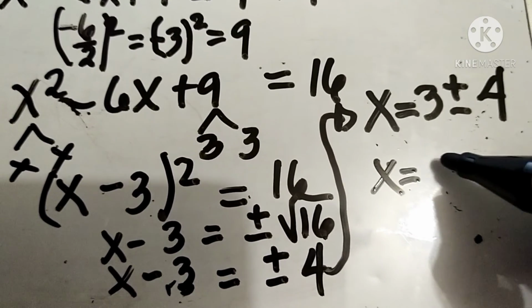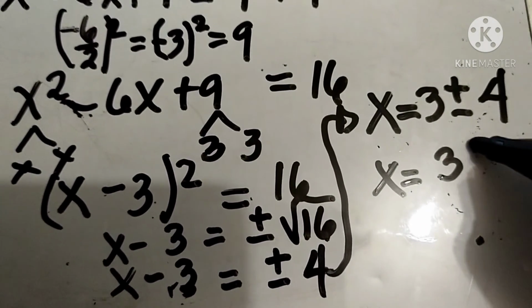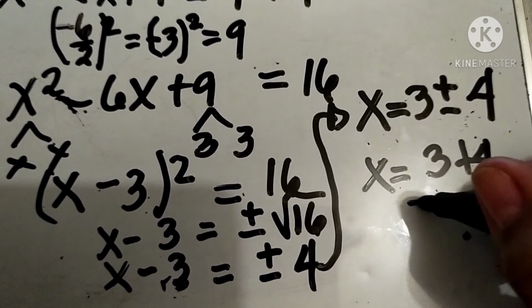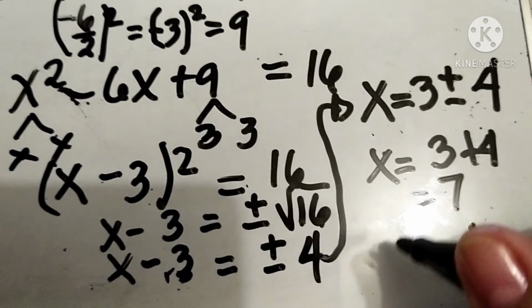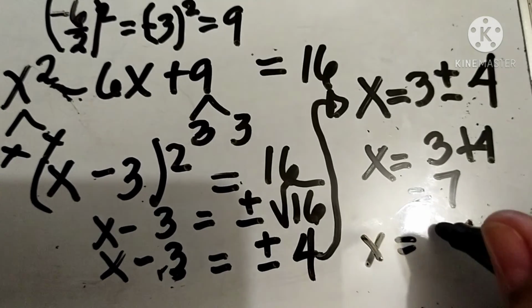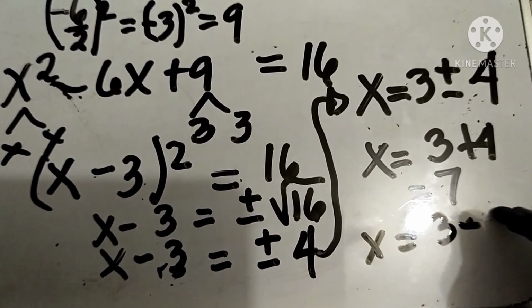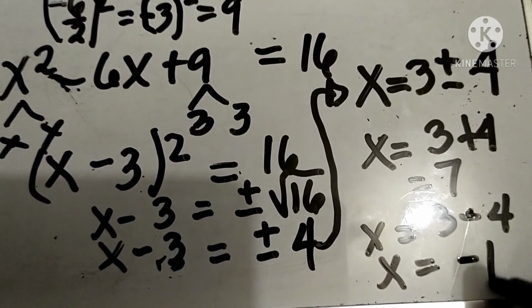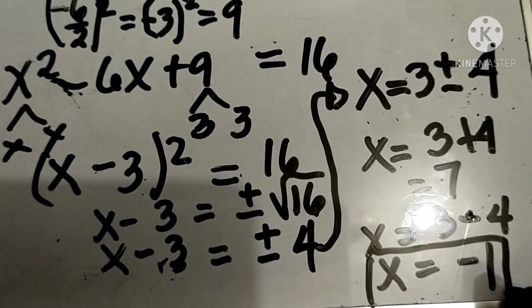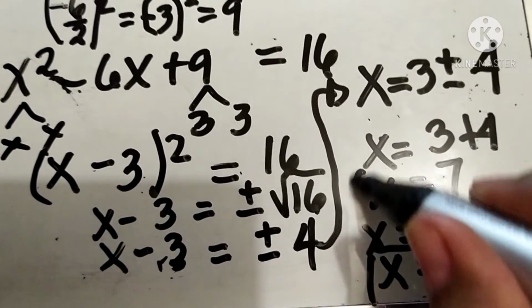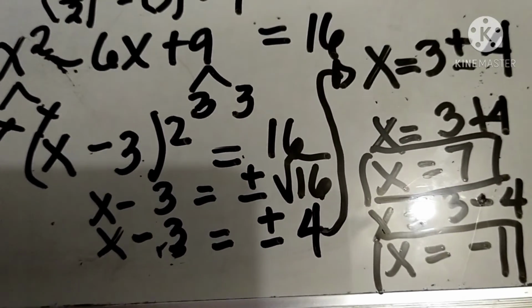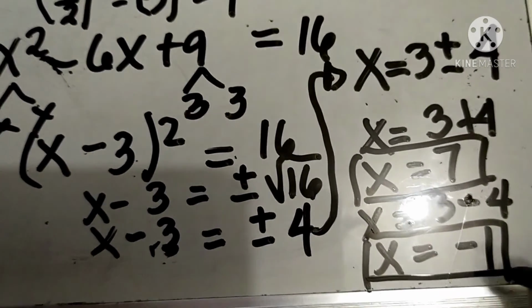X equals 3 plus 4. So, that is equals 7. Then, yung isa is x equals 3 minus 4. And that is x equals negative 1. So, therefore, the solutions are 7 and negative 1. So, yun ang solutions.